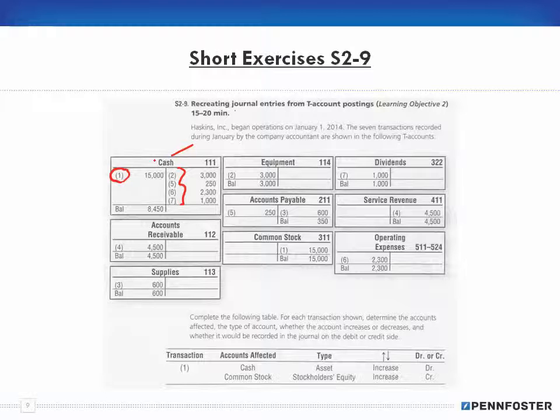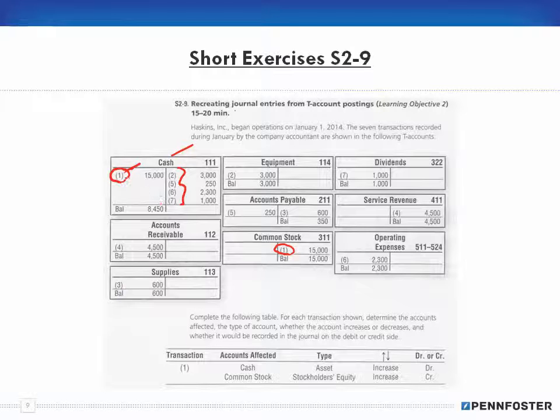So when you're looking at number 1 here, you have to look through, and equipment has a 2, dividends has a 7, revenue has a 4, payables a 3 and a 5, receivable a 4, common stock is a 1 right here. Operating expenses has a 6 and supplies has a 3.